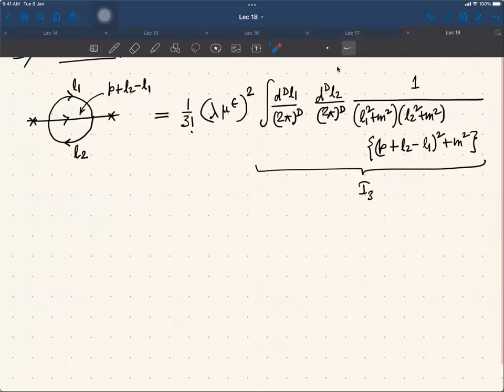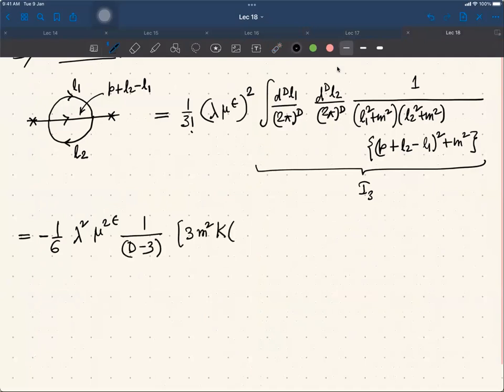Okay. So minus 1 over 6, that's factorial 3, then lambda squared mu to the power 2 epsilon, and 1 over d minus 3, m squared Kp plus p mu K mu of p.